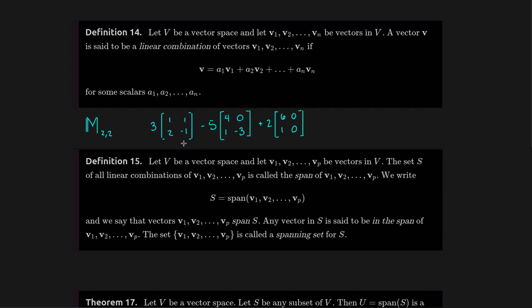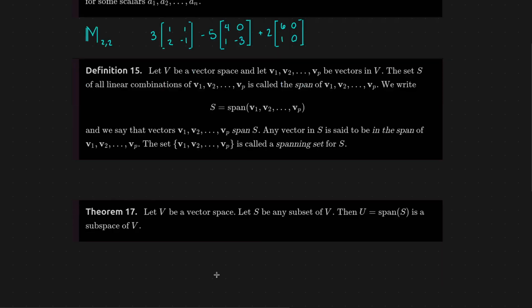Okay, this is a linear combination in M22 of these three 2 by 2 matrices, which are vectors in the vector space M22.